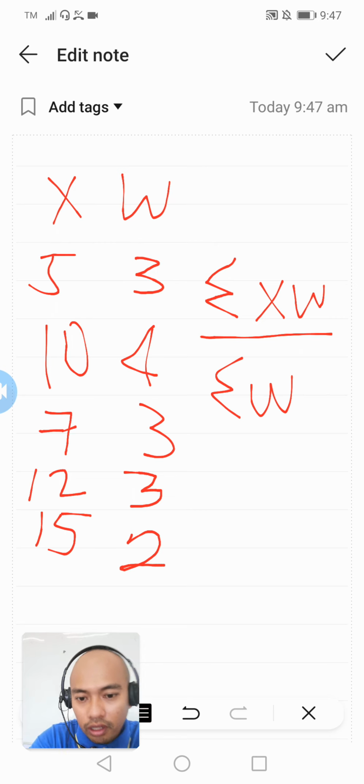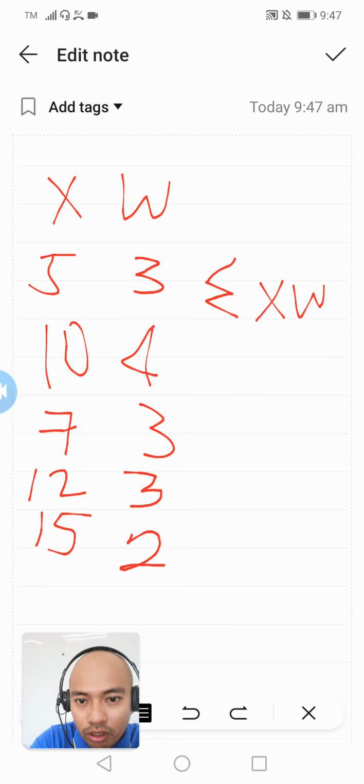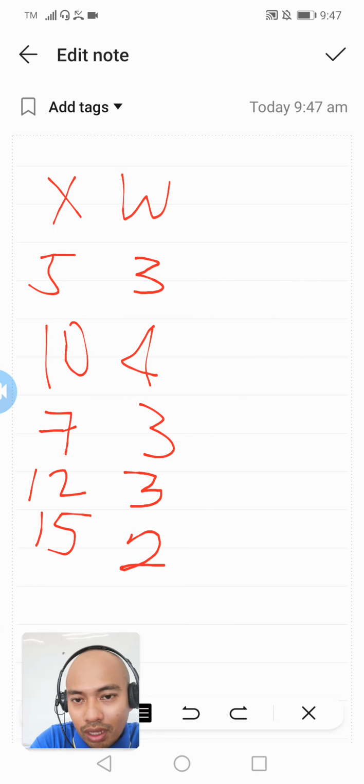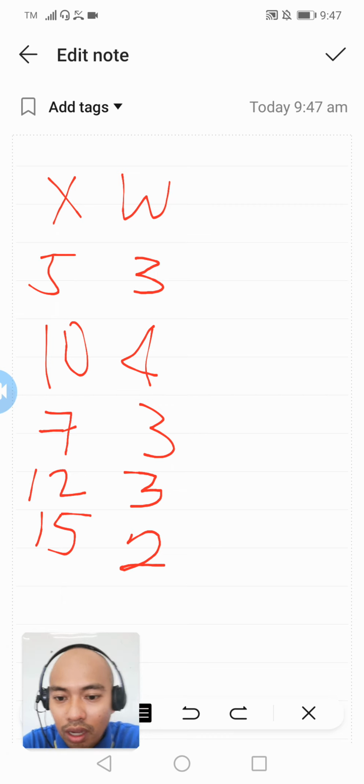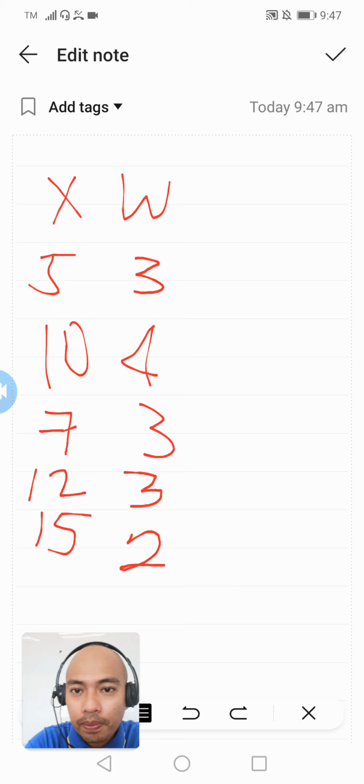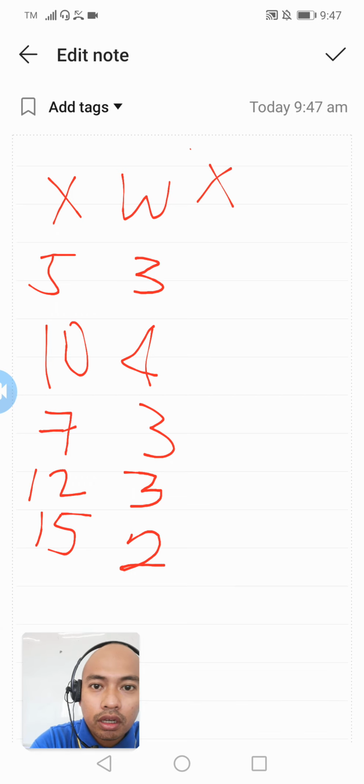So let's do it before we compute for the mean using this formula. In order for you to sum up the products, we need another column, and that will be XW.